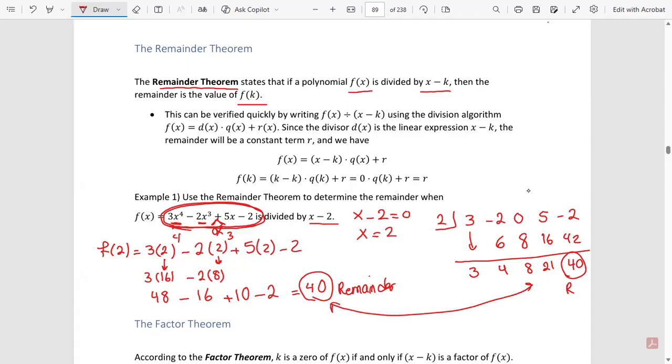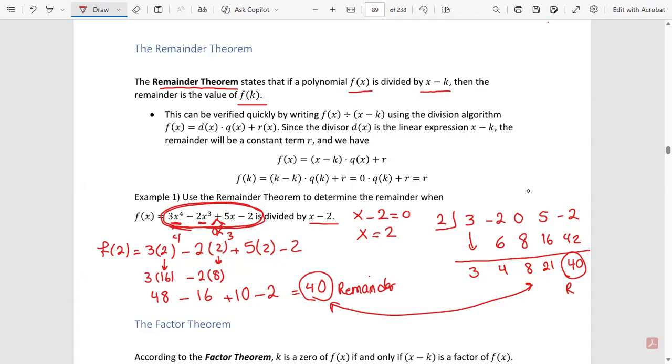So the remainder theorem tells me that instead of dividing and finding the remainder, you can just plug into the function, and whatever you get, that's the remainder of that division. Every time the remainder is 0, we can say that x minus 2 is a factor of that polynomial.